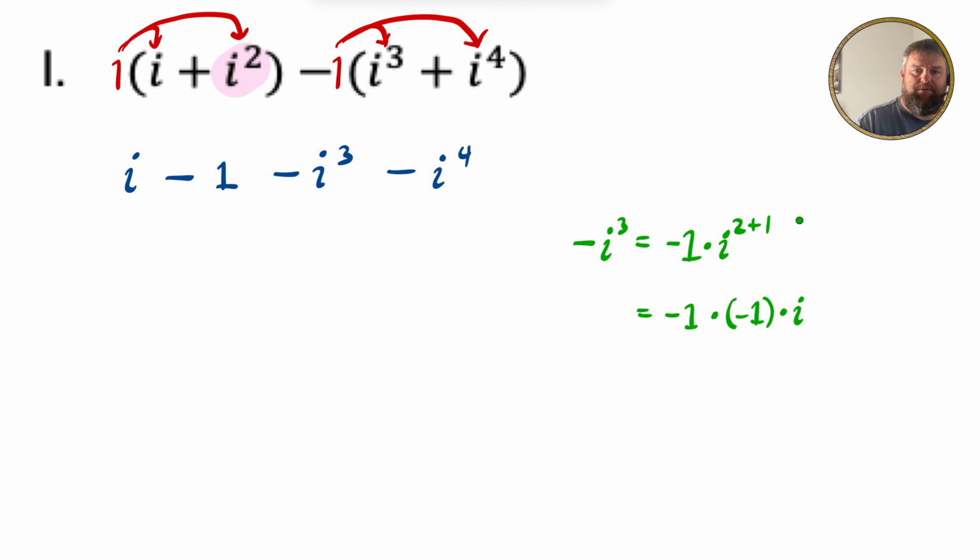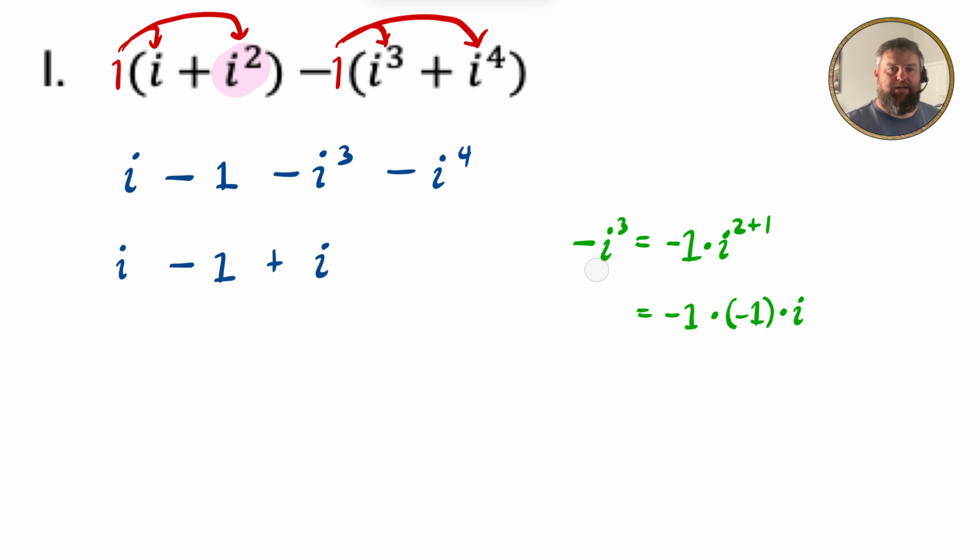That's what the i squared plus 1 is. i squared is the negative 1, and then we have another i here. Okay, now negative 1 times negative 1 is positive 1. So when we say negative i cubed, we're going to be able to rewrite that as plus i. So i minus 1 plus i.